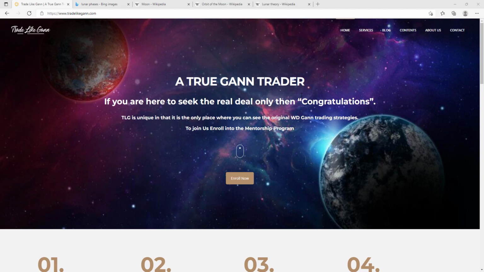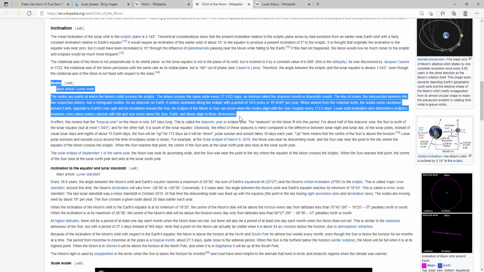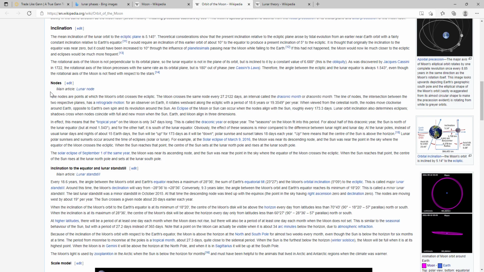And there is some other information in the Wikipedia that I want to show you. The first important subject that I want to show you is nodes. Lunar nodes are very important in the Gann field. If you want to understand the whole planetary system, you have to understand the nodes, the lunar nodes.